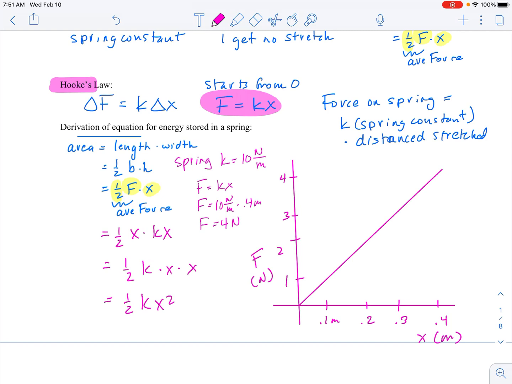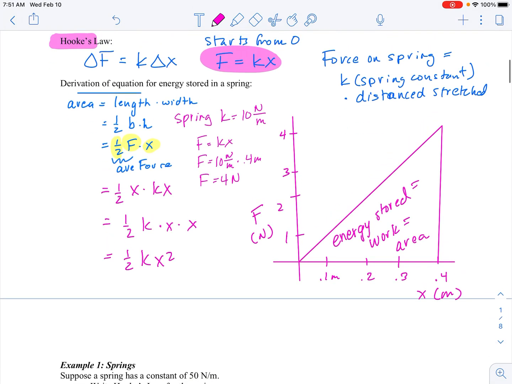Let's say I wanted to find the energy stored stretching that spring. The energy stored would be the same thing as the work done on the spring, which is the same thing as this area.